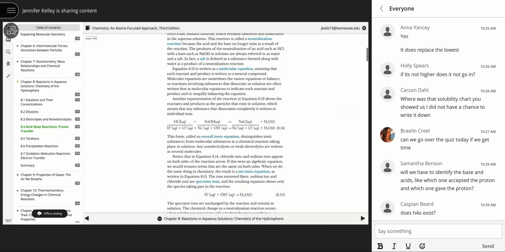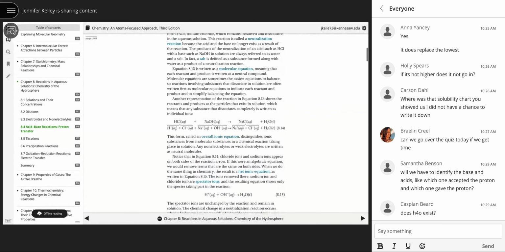So where an acid comes in and there's a base, like HCl and sodium hydroxide, which is in this reaction here. The H and the Na switch places. So if you look on the left, the H is with the Cl. If you look on the right, the H is with the OH.